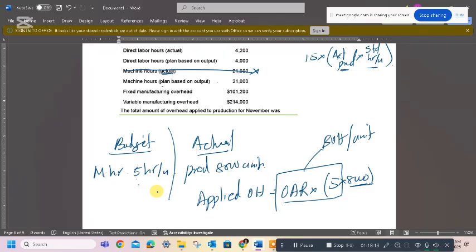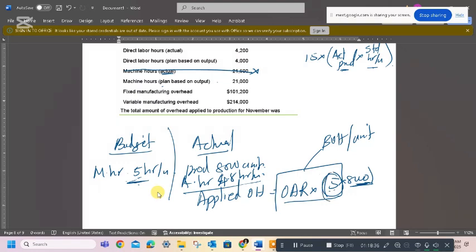The point I want to highlight here, we don't take actual hours. Suppose actual hours was 4.8 hours per unit, we don't take that. We take budgeted hours only, budgeted hours for actual production. So take OAR. 5 is the standard hours of 1 unit. Multiply them, then multiply by actual production.